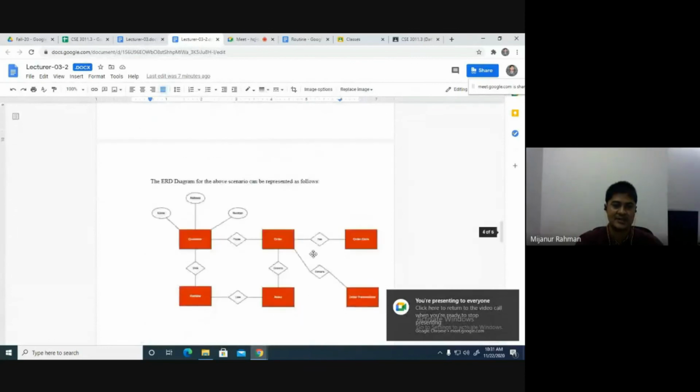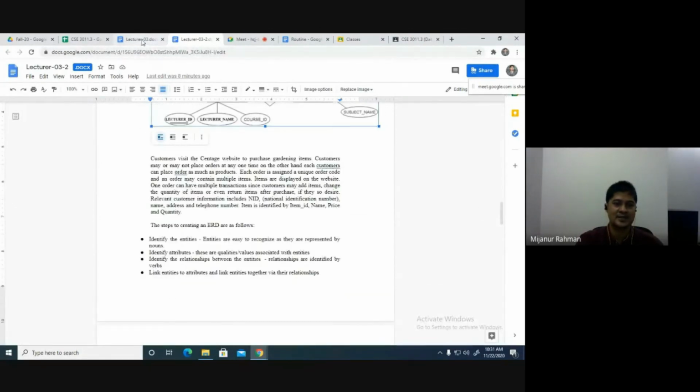ওকে, এখন তোমাদেরকে একটা সিনারিও বলবো। There is a publication house. In that publication house there are many authors, and authors write books, and a book is published by a publisher, and authors contact editors, and editors edit the book before publishing.